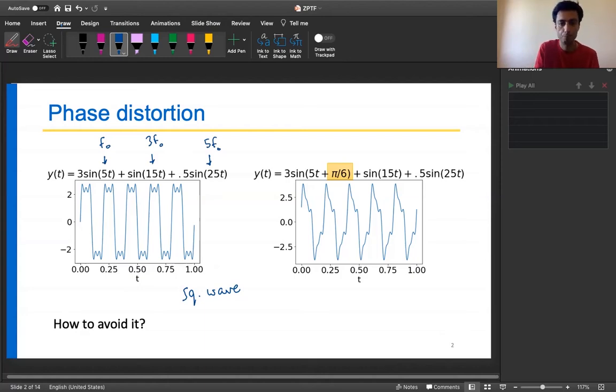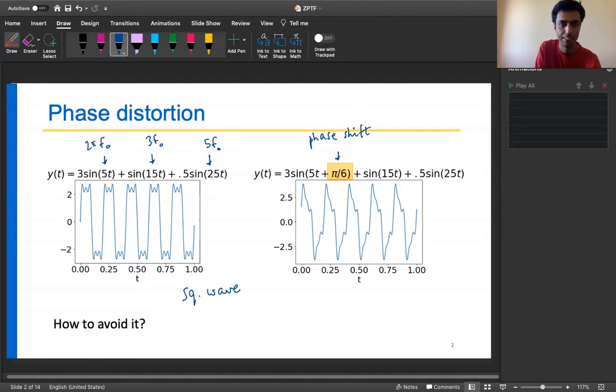But now if I pass it through a filter which does nothing but just introduces one phase shift at just one frequency. So this phase shift depends on omega, and with respect to only one frequency, it has caused a phase shift. It means when I say F naught, it is 2 pi F naught.